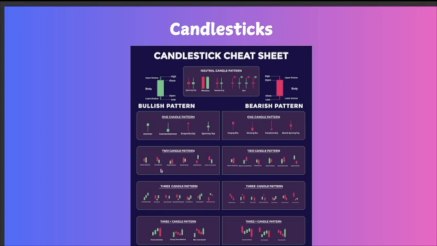I don't necessarily use all of these patterns, but a few that I do use or try to point out while I'm trading are the hammers, dojis, the shooting stars, engulfing candles, tweezer bottoms, all those. But you'll learn more about those as you learn how to trade. It's just important that you really know what's a buy candle and what's a sell candle for right now, because that is going to help you determine the trend of your market.